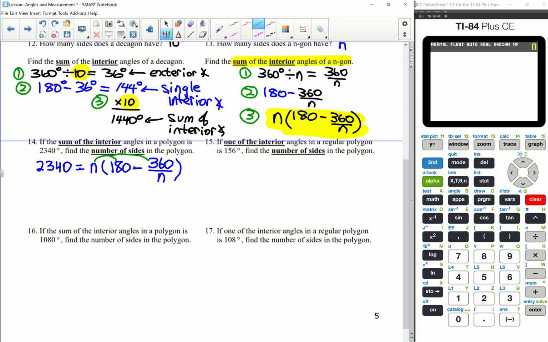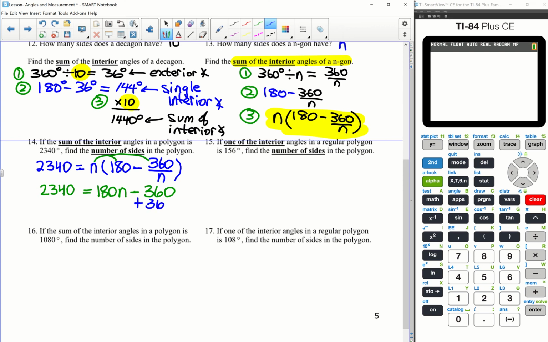So distribute through the n, you'll have 180n minus 360, and that's going to be equal to 2340. So then I'm going to add 360 to both sides.